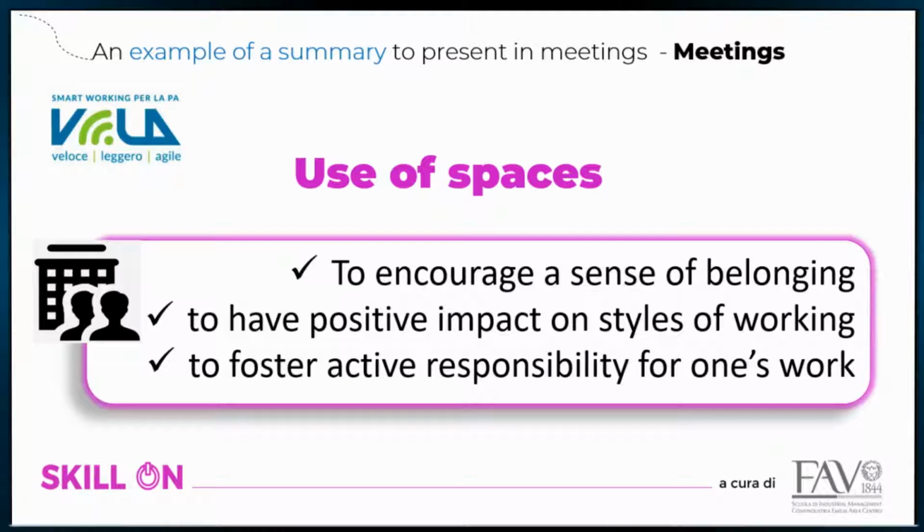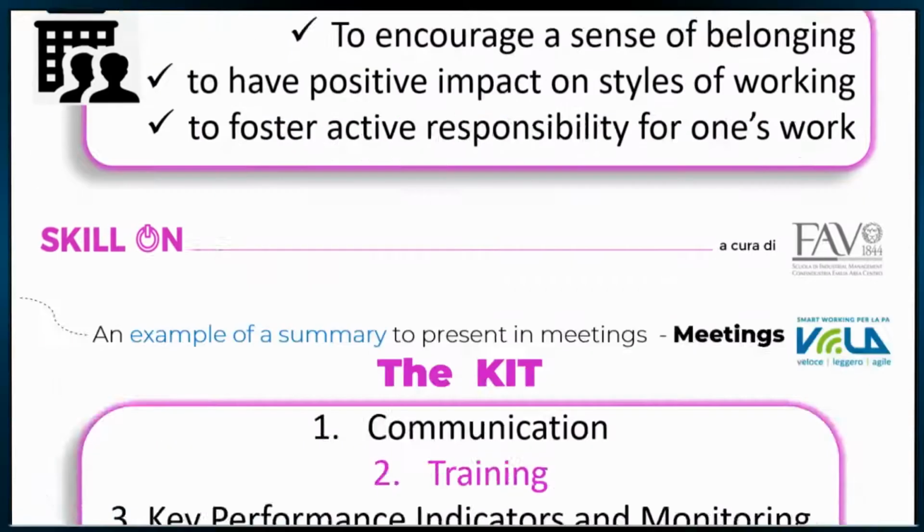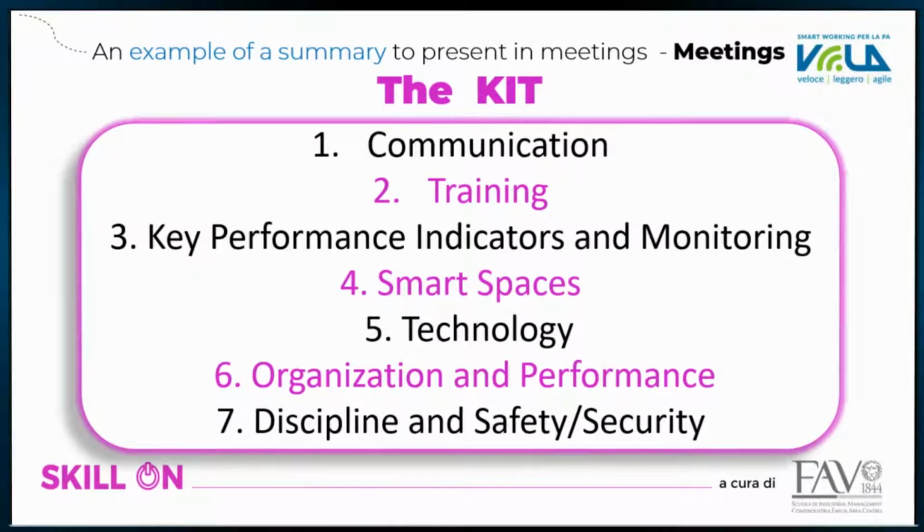Another objective, the use of spaces to have a positive impact on styles of working so that people can collaborate more easily and in a more user-friendly way. And third point, nice use of language, to foster, meaning to encourage, active responsibility for one's work. That's a very important point. So short sentences and bullet points to add information.